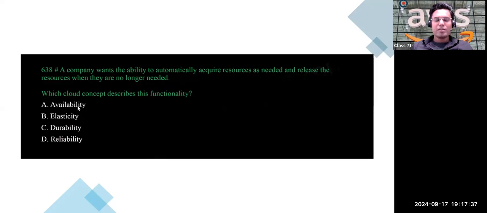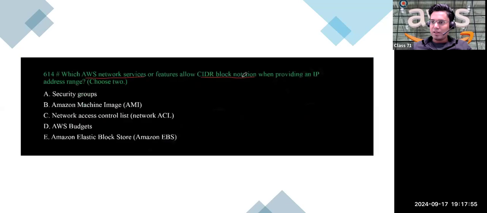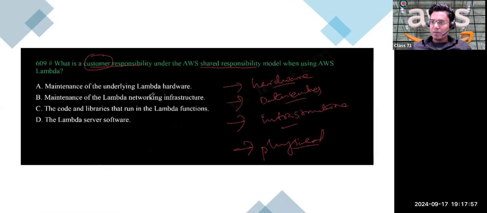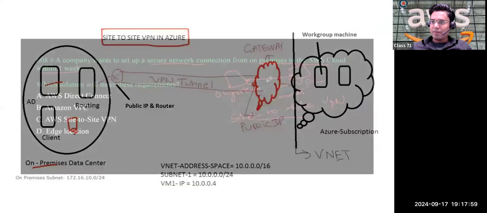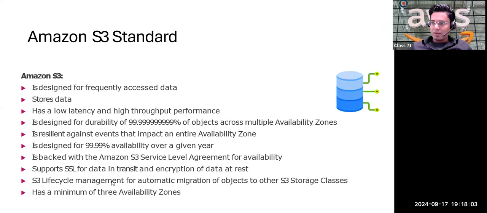And availability means that if you select it, the specific resource is available in three availability zones. So it's available for you anytime. We have standard S3, and this has a minimum of three availability zones.